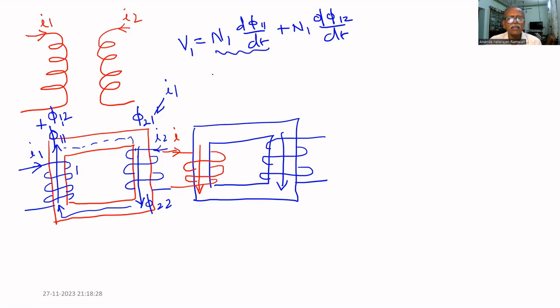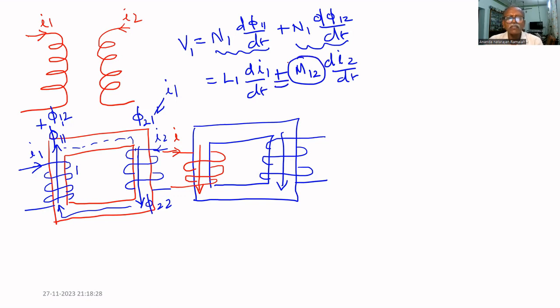This can also be written as L1 di1 by dt plus M12 di2 by dt. This M is called mutual inductance. This is plus. Why plus? Because the fluxes are aiding each other.